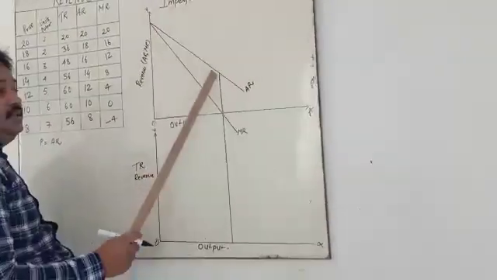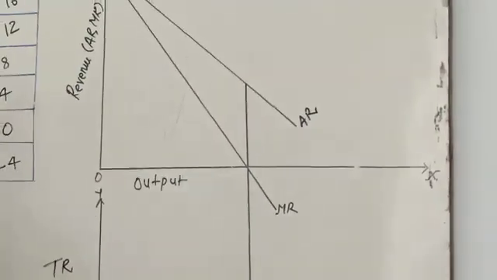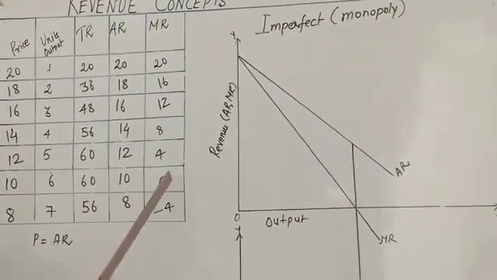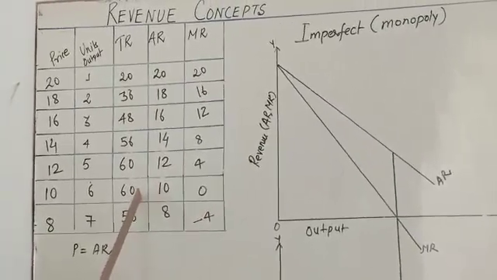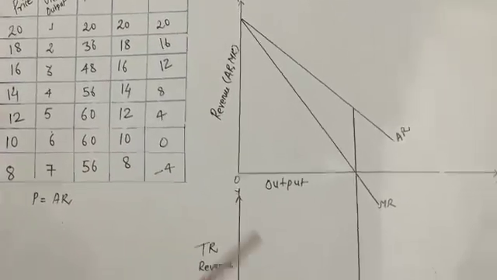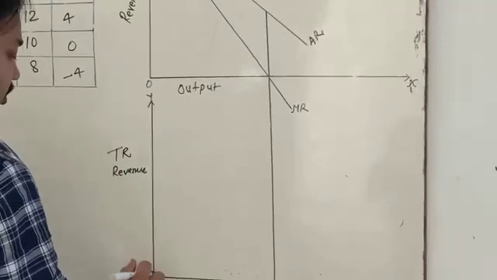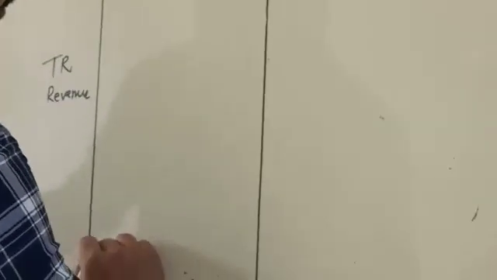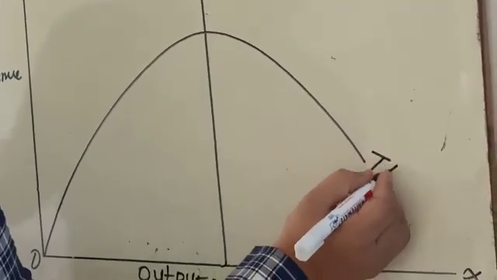When AR is maximum, MR is 0. Here in this situation, MR is 0 and AR is 60. You observe your total revenue is also 60. So what is happening in the total revenue? This is the total revenue concept.